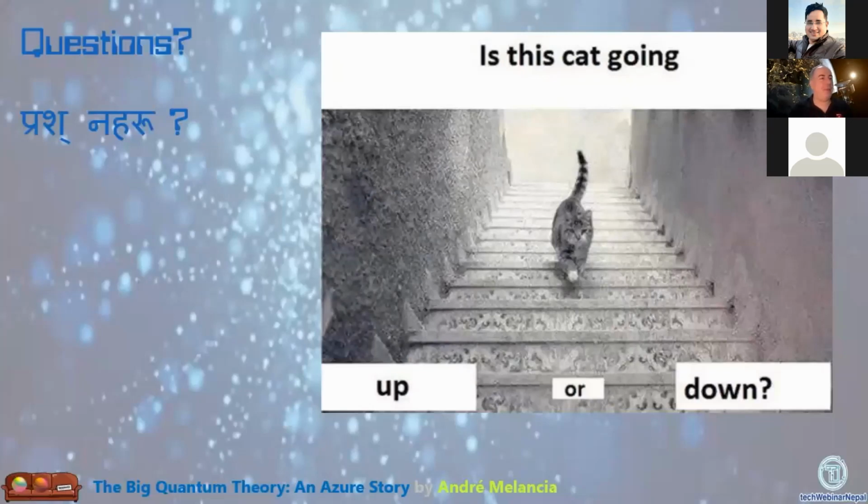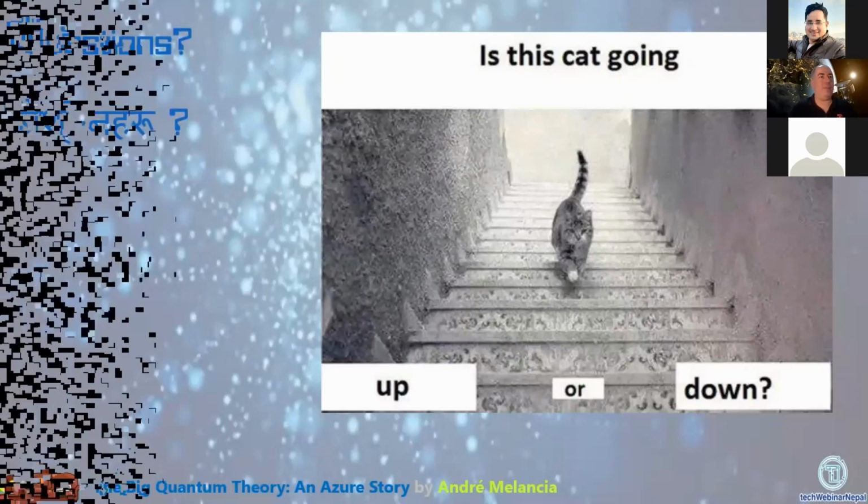Is the cat going up or down on the staircase? I'm not going to give out the answer, but feel free to write in the comments what your opinion is, and especially why. Why is always important when you make any kind of scientific declaration. You have to explain why. Explaining is always important.